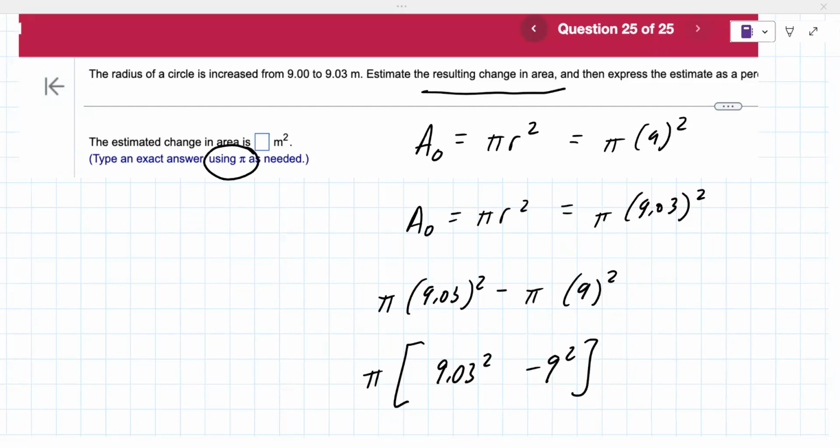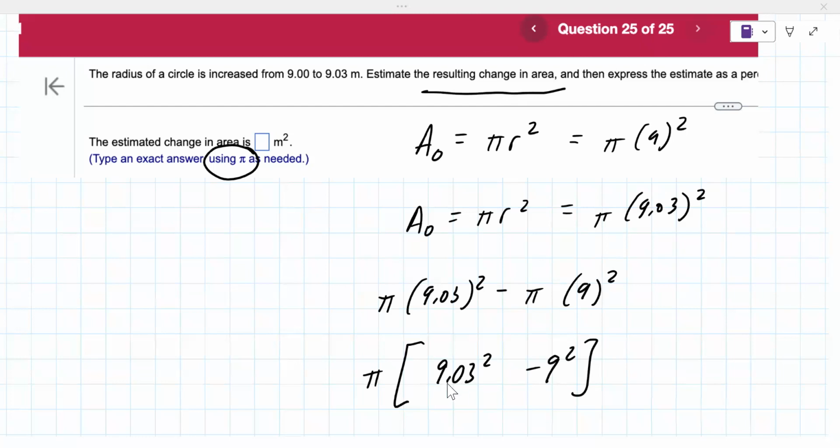Oh, hold on. I'm entering it. It's being weird. Okay, I got 6,604.8129 pi.